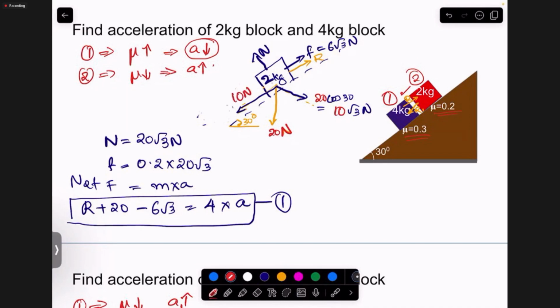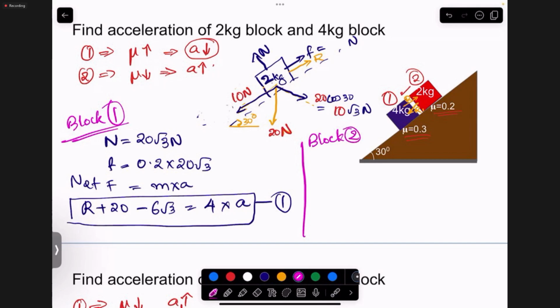And friction will be different again. We will equate it. This is block 1. For block 2, N equals 10 root 3 Newton. So F equals mu times N. Here I wrote this mu wrong, but the value is correct, 0.2.